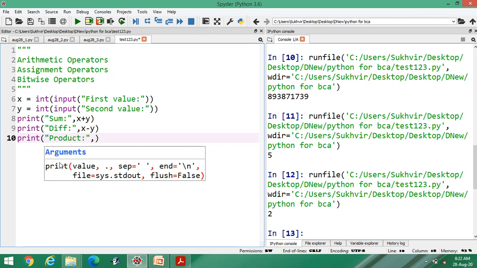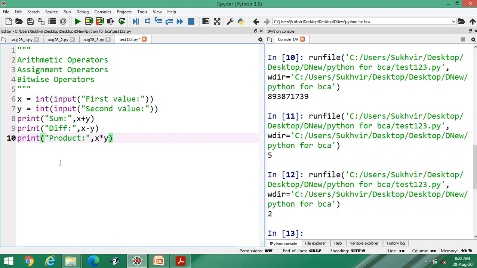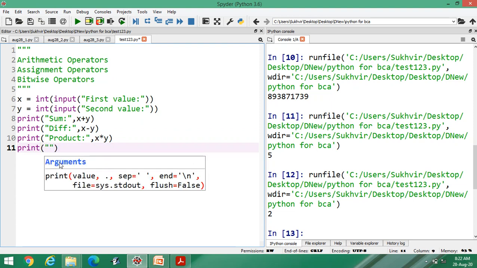Also, you can calculate the power: print x to the power y, like this.